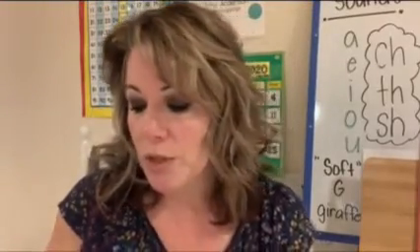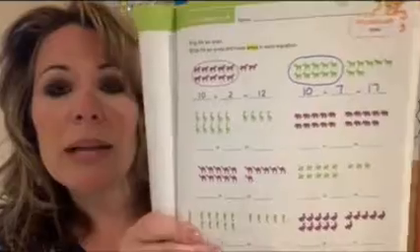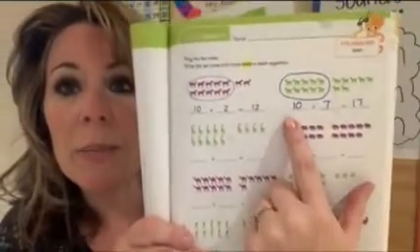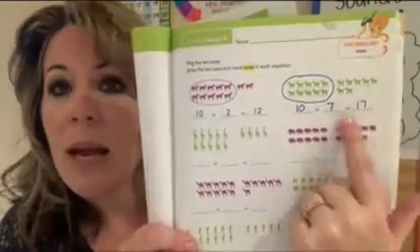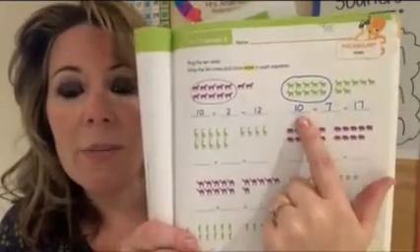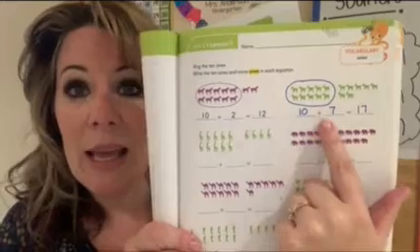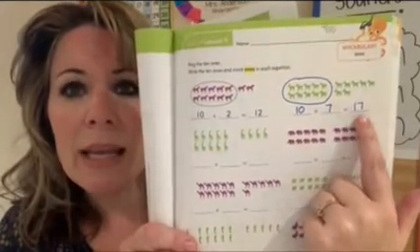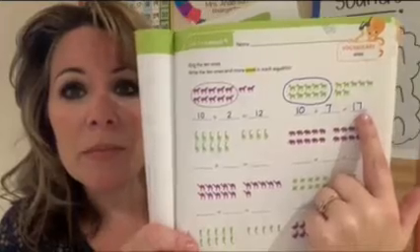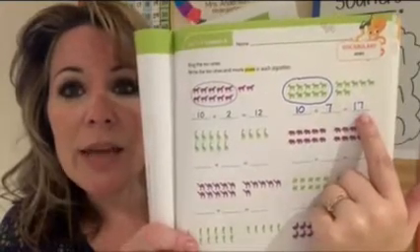I hope, boys and girls, that we're getting to a place where when we talk about teen numbers, we can see, wait a minute, there's a pattern here. I don't need to count these every time. I know that when I'm adding 10 plus a number, I'm going to have a 1 and that number. I can just do it together like that.